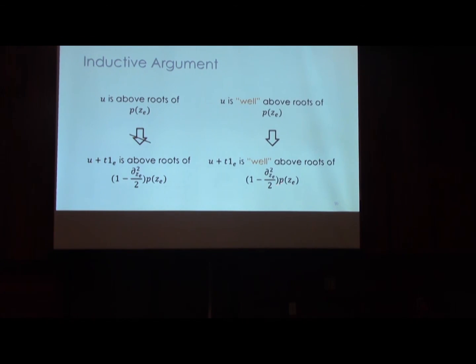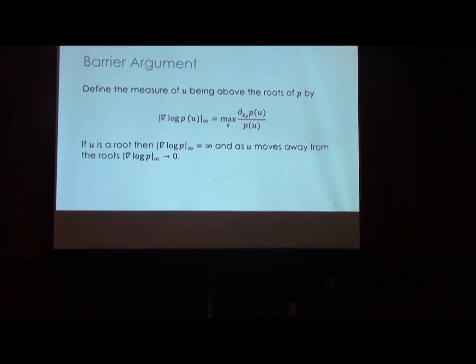Unfortunately, you can't derive such a statement. What we can derive is this relaxed notion that if u is well above the roots of a multivariate real stable polynomial, then you can shift that point by a little bit in the direction E, so that your point would still remain well above the roots of your polynomial. This notion of being well above the roots is going to be formalized by something that MSS introduced, which is the barrier function.